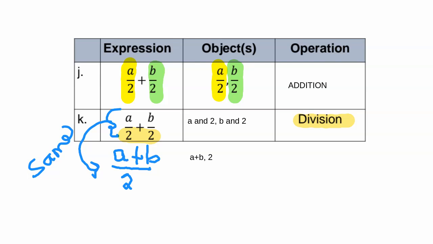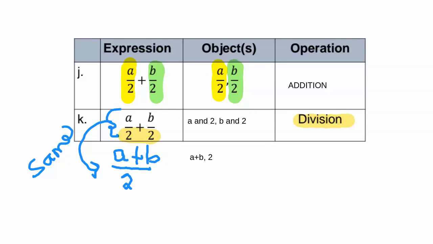I can take each fraction separately because the line between A and 2 in the first fraction means divide. And I can take B over 2, which is my second fraction, because the line between B and 2 means divide. But I can also put A plus B as one object. That's my numerator. My denominator is 2.